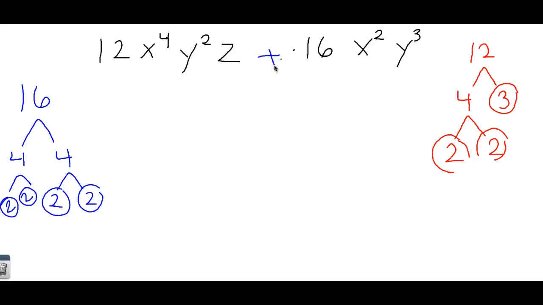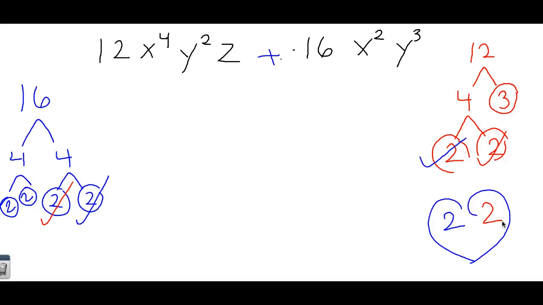Now, let's look at who's common. Let's see what the two frogs have in common. Well, in my tree here, I have a 2 and a 2. Cool. So one of the 2's goes into the heart. They have 2 in common. Any more commons? Okay, I can get another 2 common.